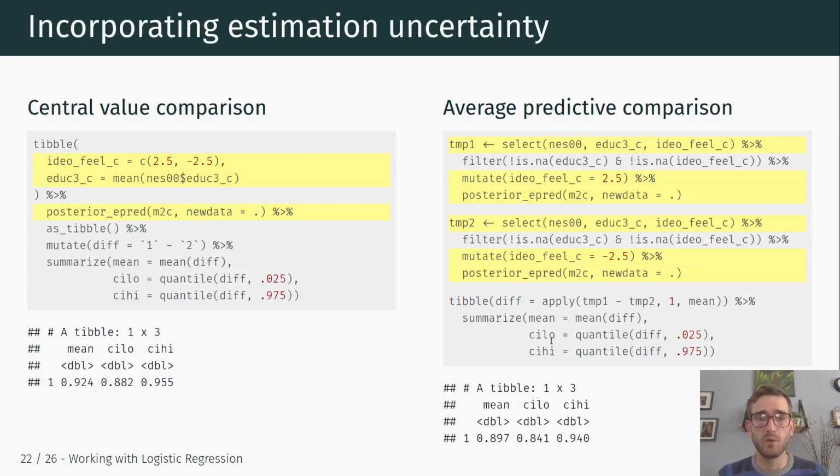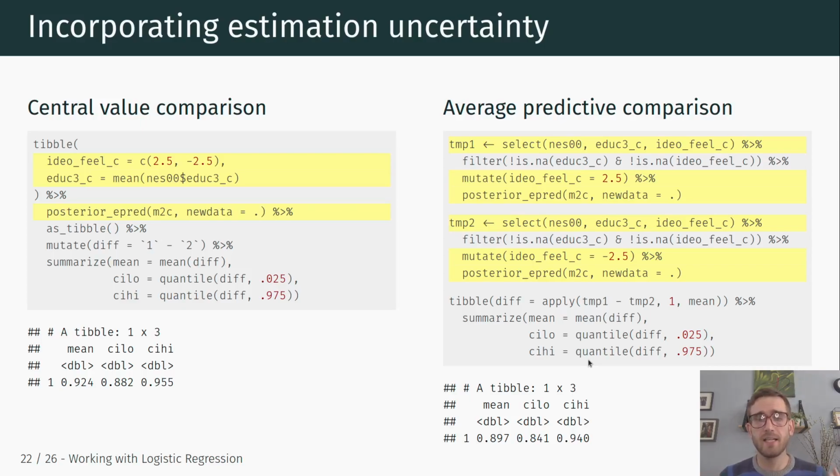But in the end, what we do is again computing the change in the predicted probabilities and computing 95% credibility intervals. So make sure to go through this code, and we're going to talk through another example in the Q&A session as well to make sure that you get each individual one of those steps and also have a broad understanding of where the differences are between the central value comparison and the average predictive comparison.